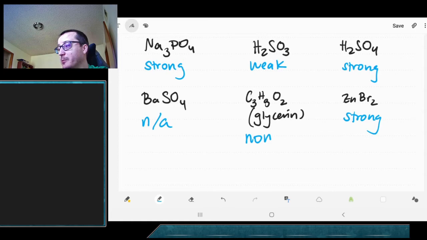All right, so you'll want to be able to take a molecule or a compound and determine what type of electrolyte it's going to be. And that's going to play into our next category here.